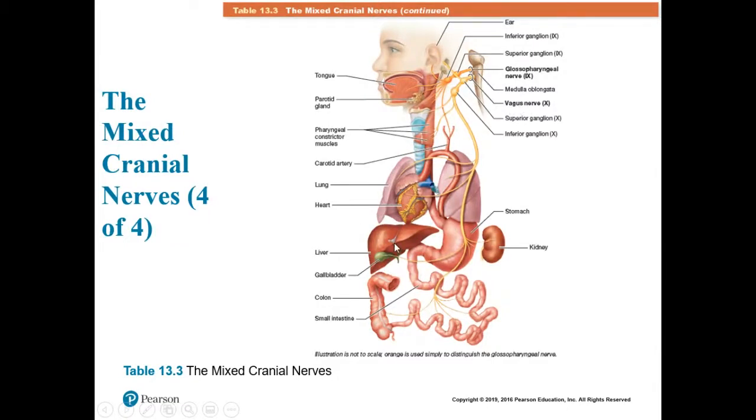So I described the function of it in terms of cardiovascular and respiratory, right? But then it plays a role in digestion as well. There's this function of digestion called peristalsis. And the vagus nerve is involved in controlling peristalsis. Peristalsis is the rhythmic contraction of the entire alimentary canal, starting in the esophagus.